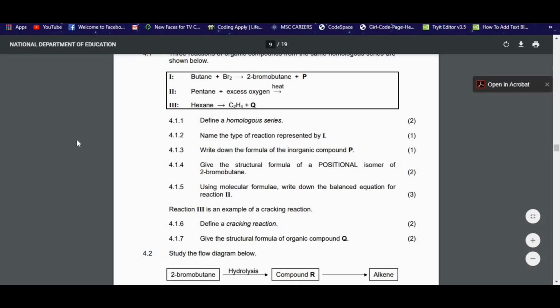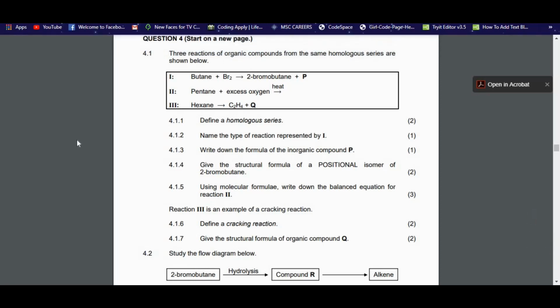Then for 4.1.6, they first tell us that reaction 3 is an example of cracking. Define cracking reaction. Basically, cracking in a nutshell, before I show you the formal definition, is breaking up long carbon chains into smaller chains, which can be of more use.